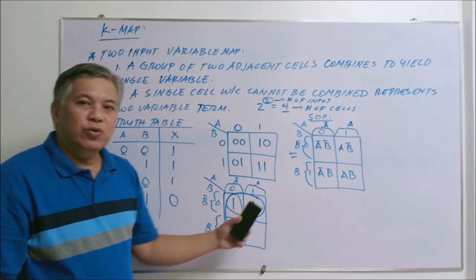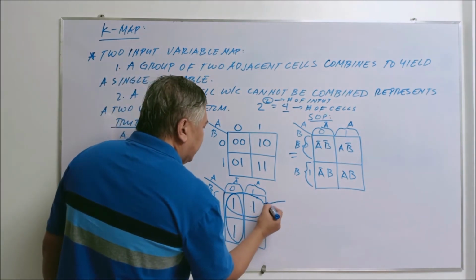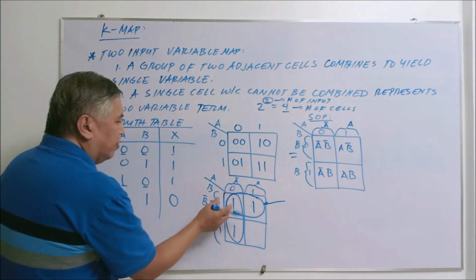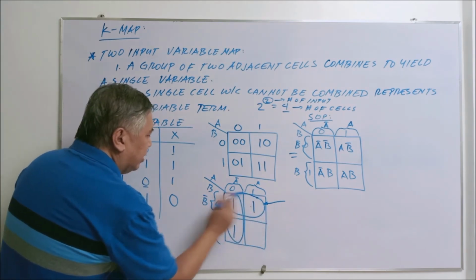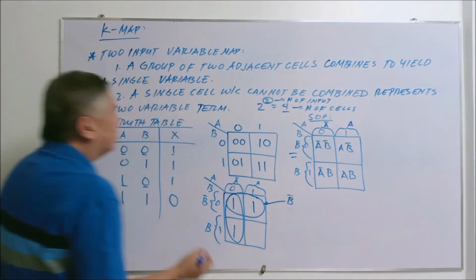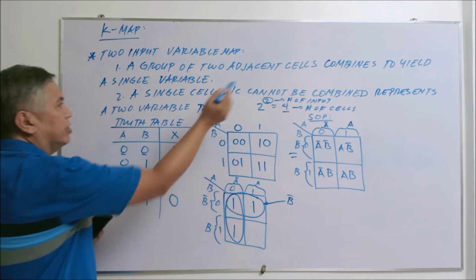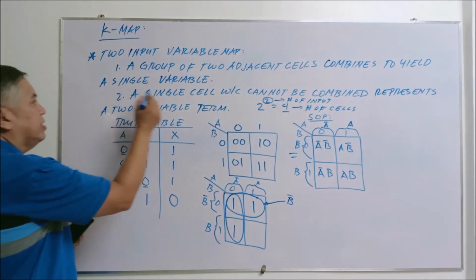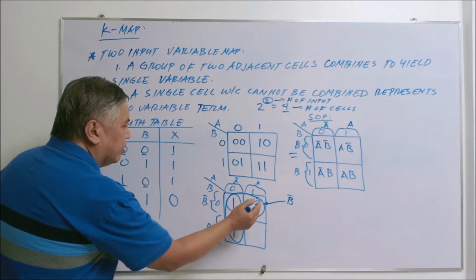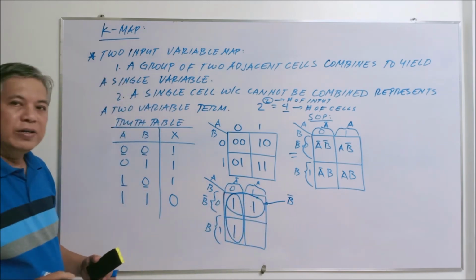So we have two groups, no? And we know that this particular group here belongs to what? This is under B bar. Okay? B bar. Why B bar? Because according to our rule here, a group of two adjacent cells combines to yield a single variable, and that variable is B bar because these two adjacent cells belong to B bar.